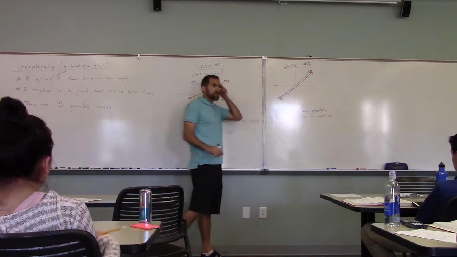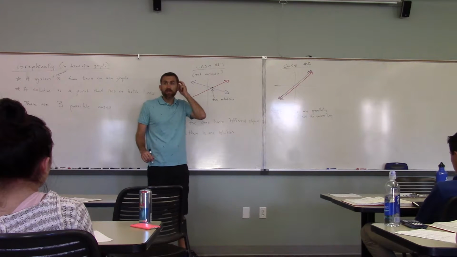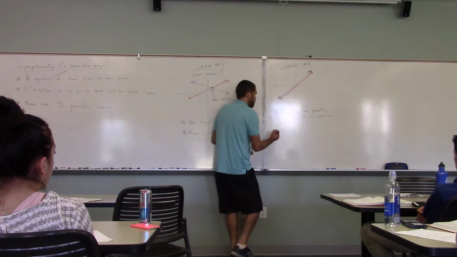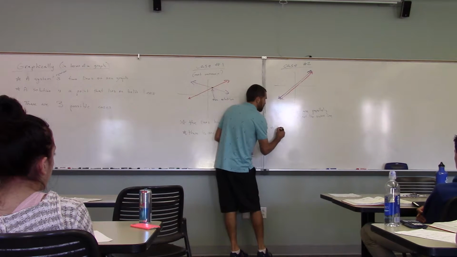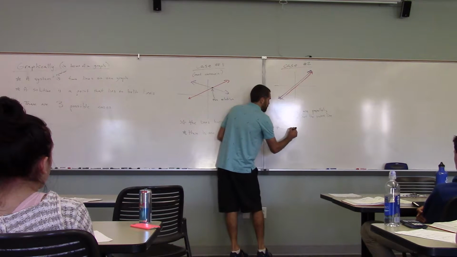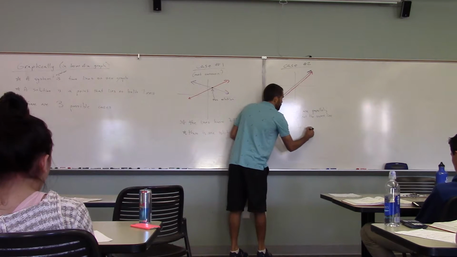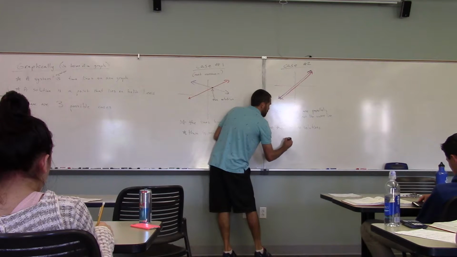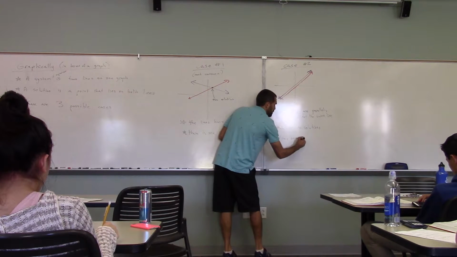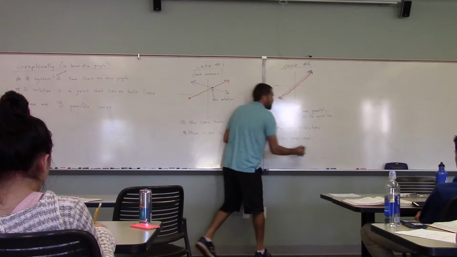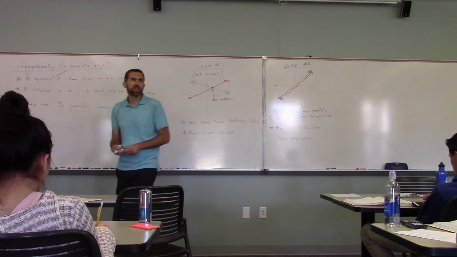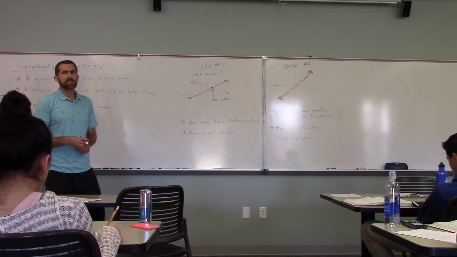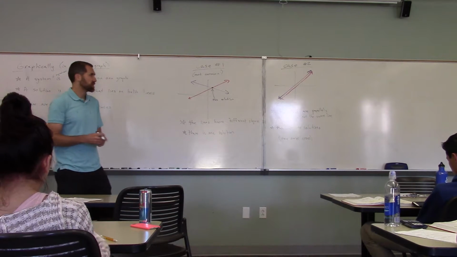So just two parallel lines. How many times will they cross? How many solutions are there? 0. Yeah, no solutions. There's no point that lies on both lines. Never. That's kind of the definition of parallel lines, is they never intersect, so there is no point that is ever on both lines.